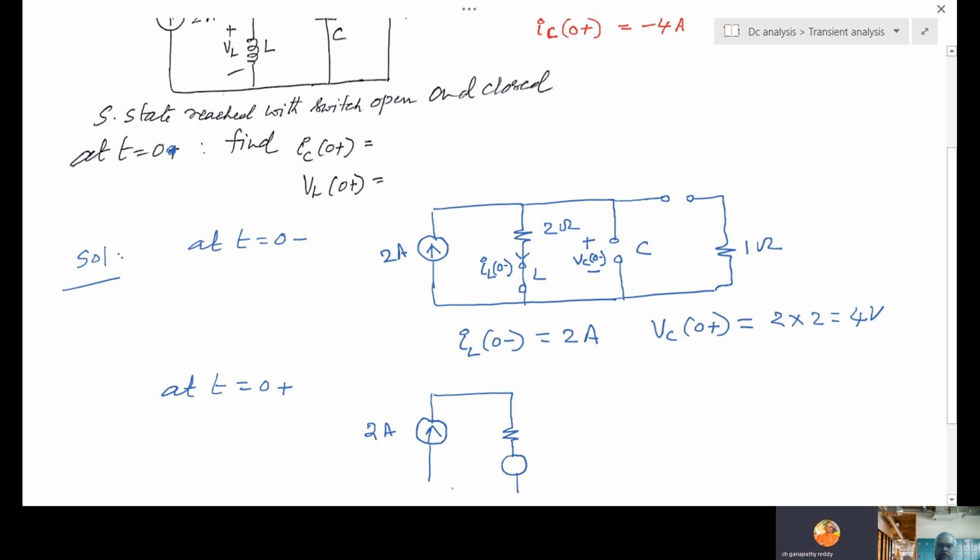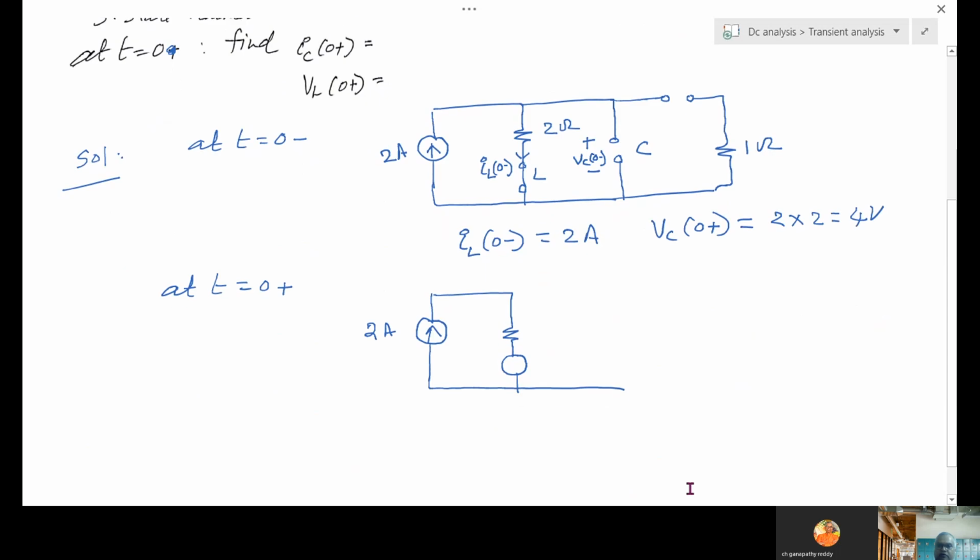Replace this with a current source. Current source of how much? 2 amps. Capacitor replaced with voltage source of 4 volts. And here the switch is closed.